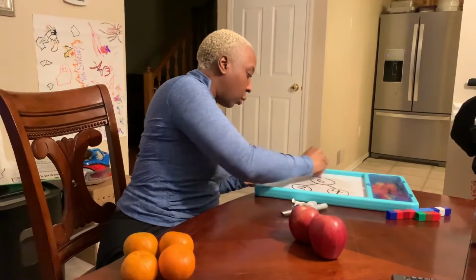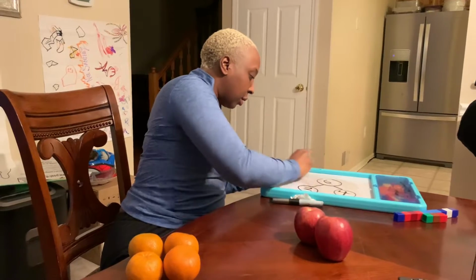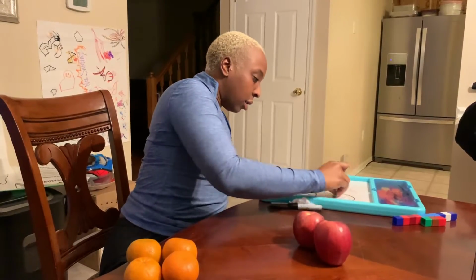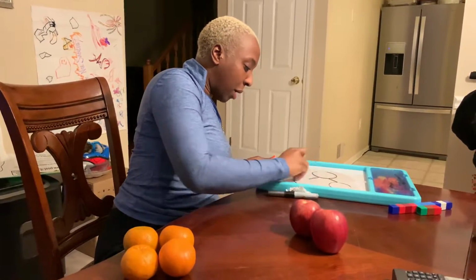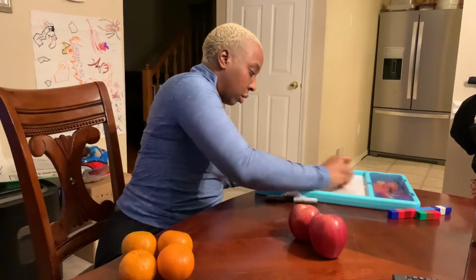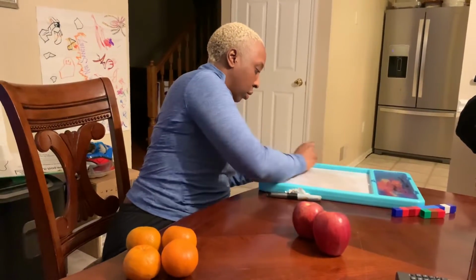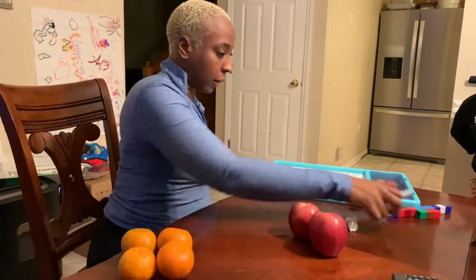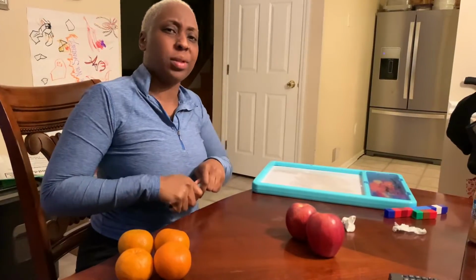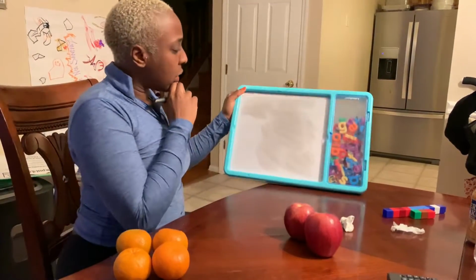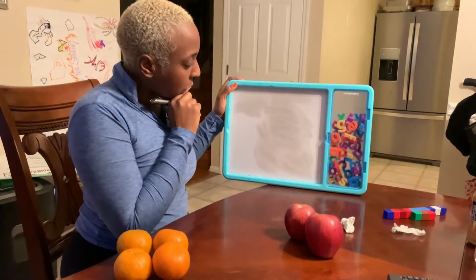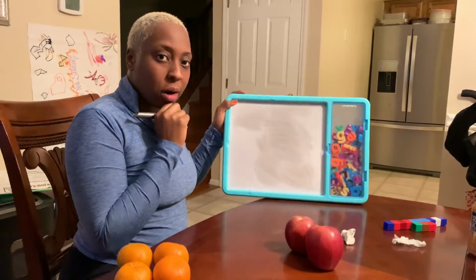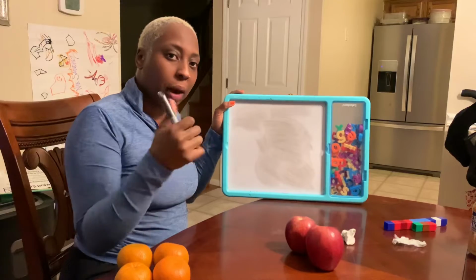Okay, friends, so let's do one more thing. Actually, let's just talk about some number sentences, okay? Because we know that we can turn our number bonds into number sentences, right?